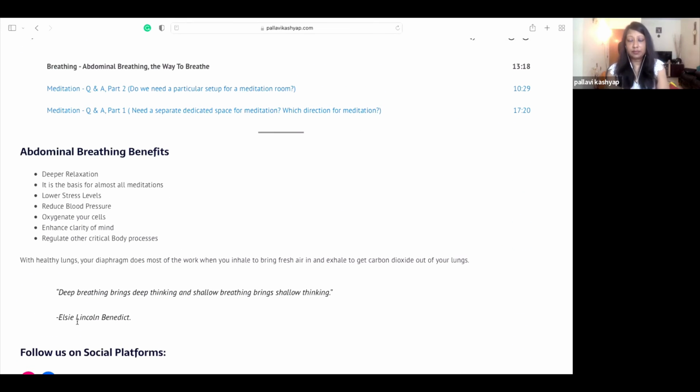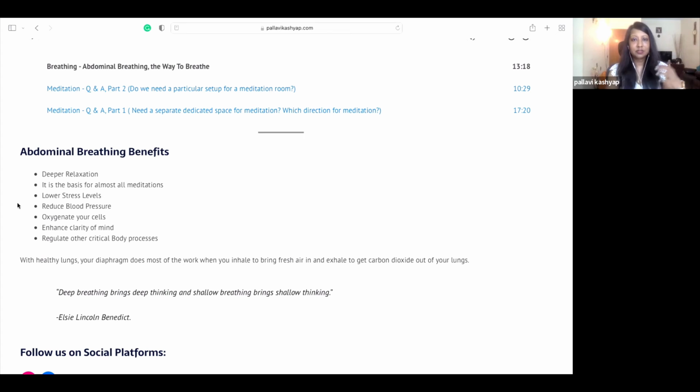the abdominal breathing. Let me just read out a few benefits. It gives you deeper relaxation. It is the basis for most meditations: normally, if you see any meditation, it will say first you do some breathing exercises and then come to your meditation, because breathing exercises calm your mind and your senses.